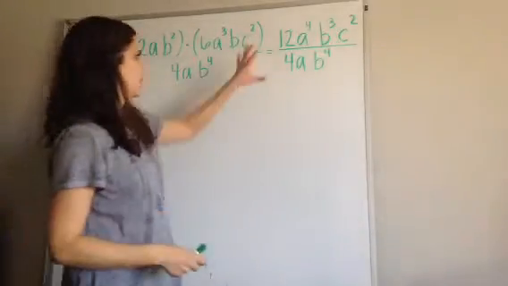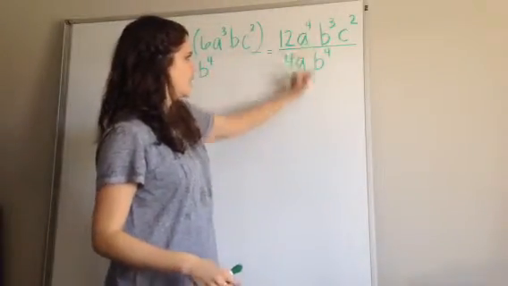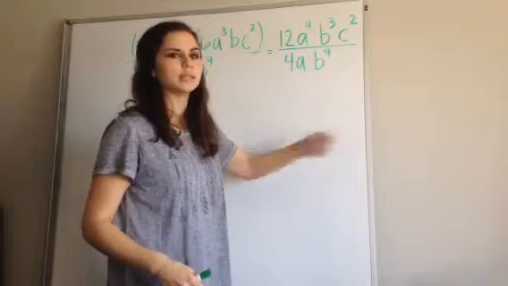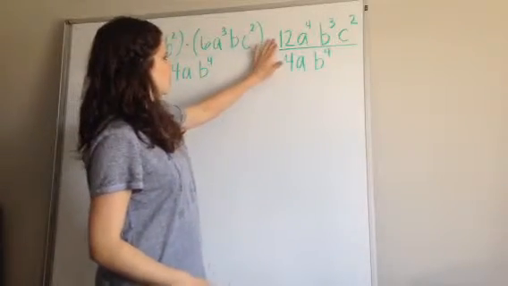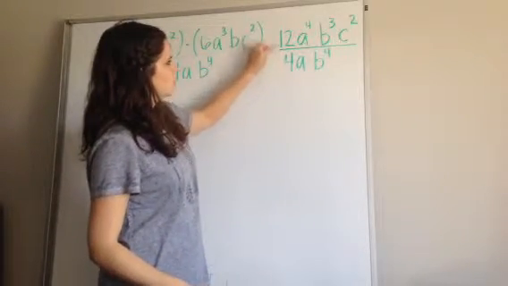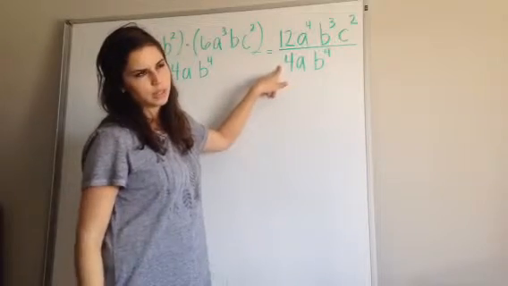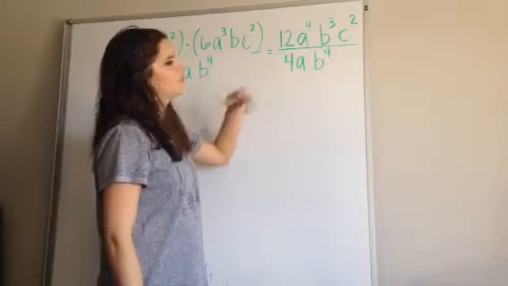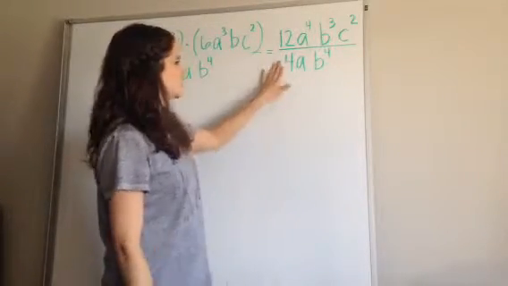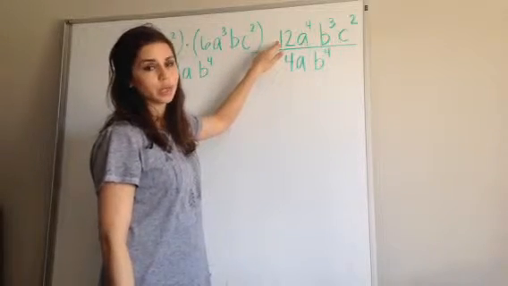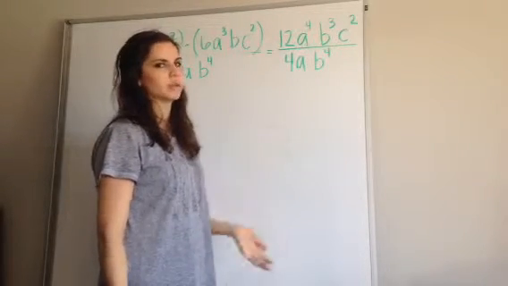Okay, and now we look at the constants, the a's, the b's, and the c's, and simplify it that way. So a number that goes into both 12 and 4, the biggest number possible would be 4. And if you saw that 2 could go into both of those, that's correct, but then you just have to simplify once again.